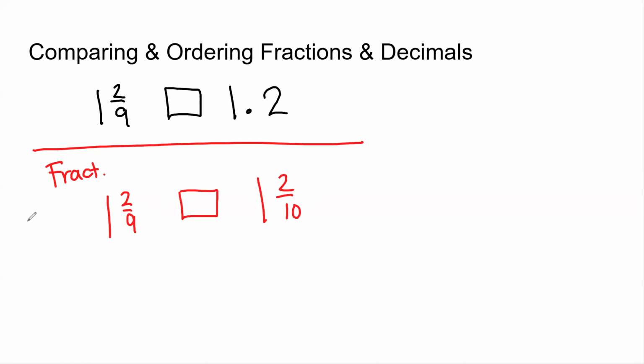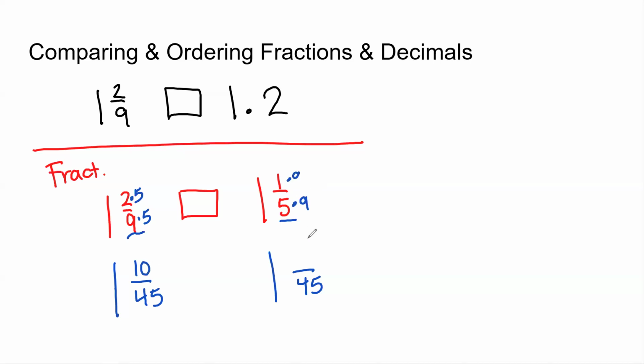But 2/10 reduces. You can divide by 2 because they're both even, so that would be 1 1/5 reduced. You can just leave the ones, they're fine, but you want to get the fractions with a common denominator. So common denominator of 9 and 5 would be 45. 9 we had to times by 5, so that's 10. And 5 we had to times by 9, so that's 9.